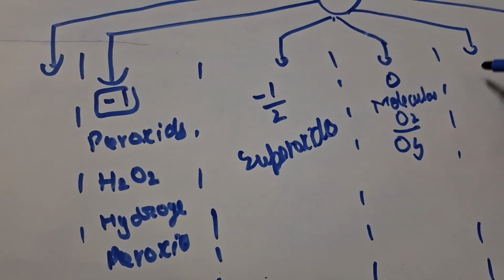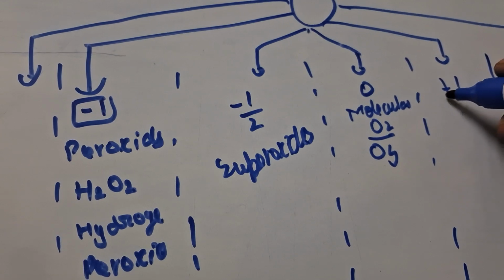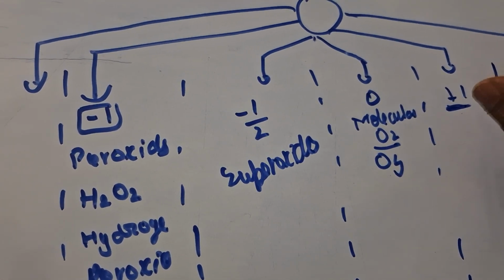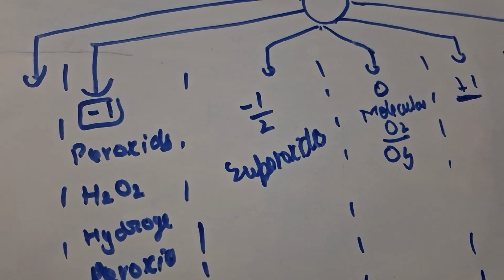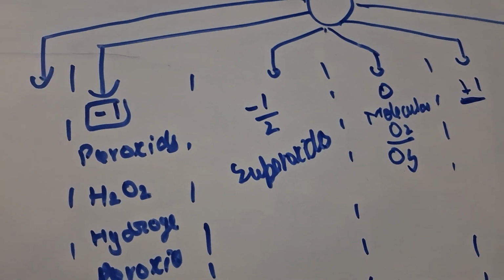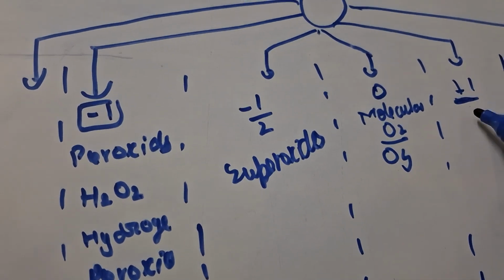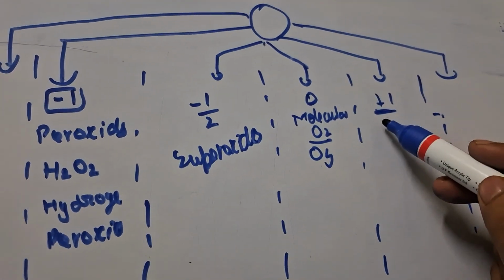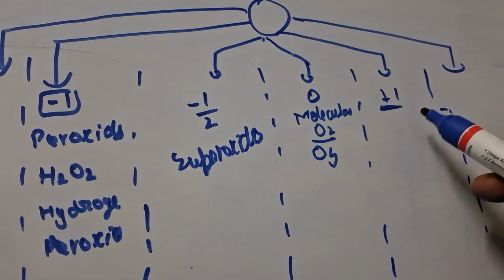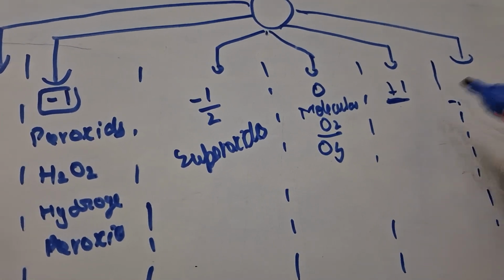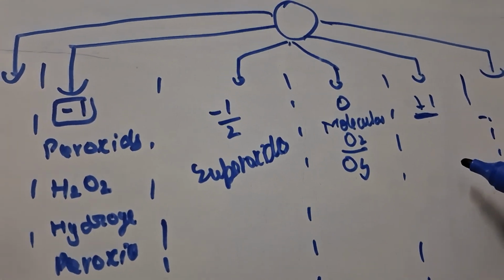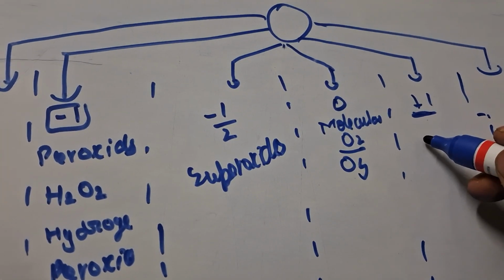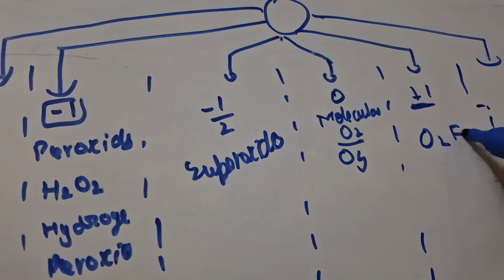Now plus. When will oxygen develop a plus charge? Oxygen will only develop a plus charge when it is connected with fluorine, because fluorine is the only material more electronegative than oxygen. So it will have +1 in O2F2.